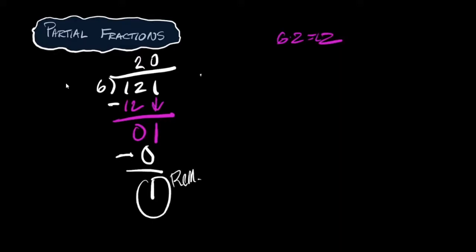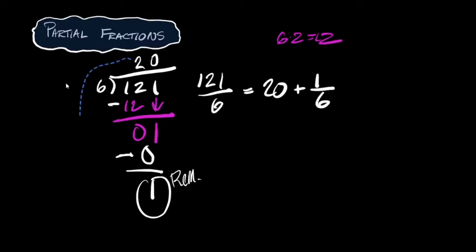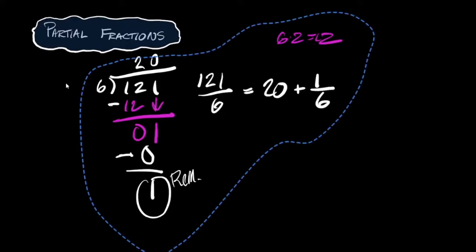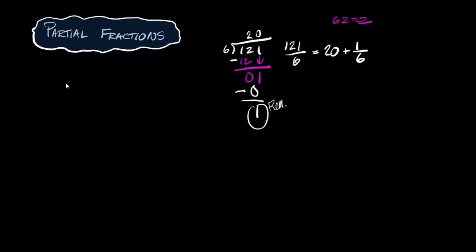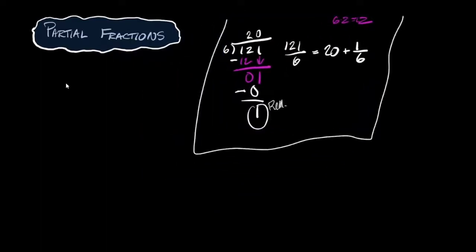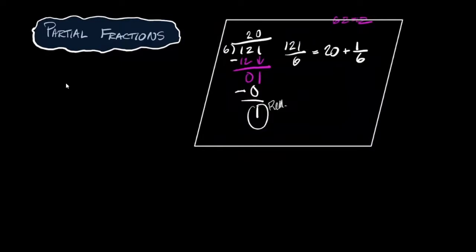Our solution, if we take 121 and divide it by 6, is 20 plus a remainder of 1, which we write as 1 over the divisor, which is 6. So 20 and a sixth, really. Again, this is easy, but we just want to make sure that we're okay with it. So we'll put that in a square.